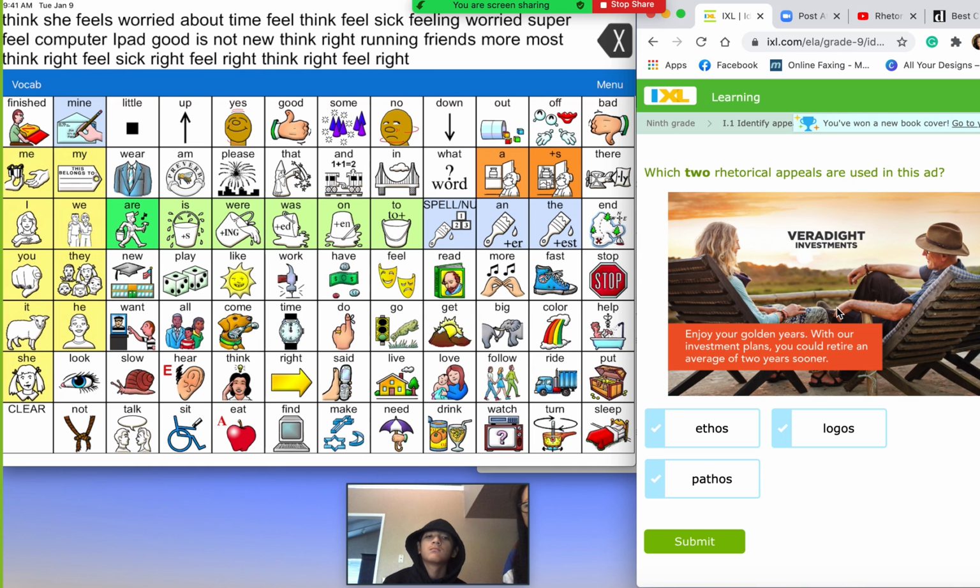Enjoy your golden years. With our investment plans, you could retire an average of 2 years sooner. So, yeah, you're right. I think you're right. Okay, so pathos and logos. Nice.